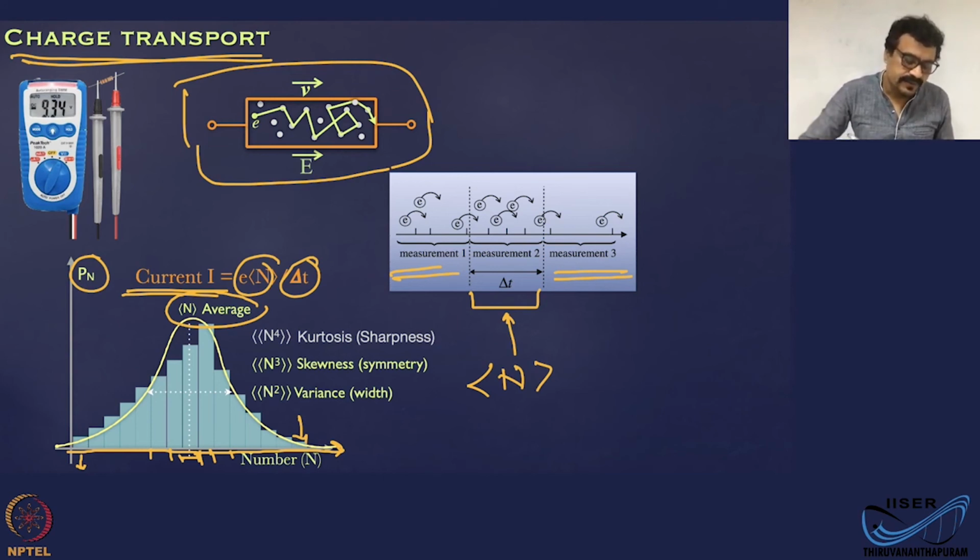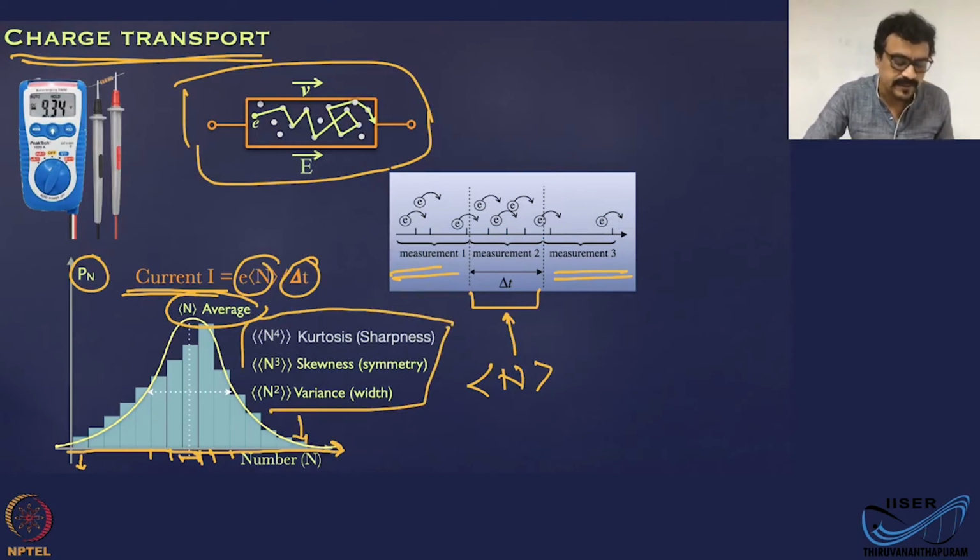Now, this is a statistical distribution, and there are other properties for the distribution, such as the higher moments of the distribution, like kurtosis, which is sharpness, skewness, how symmetric this distribution is, and the variance, the width of the distribution. And when you measure this current, you are losing a lot of information regarding the higher moments.